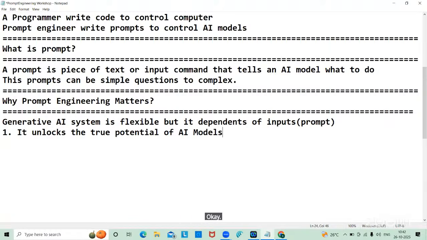AI models like GPT-5 have been trained on massive data, but they only perform as per the instructions given to them. It performs the things based on the instructions you are giving. Understood? So to unlock the potential of AI models, prompt engineering matters.